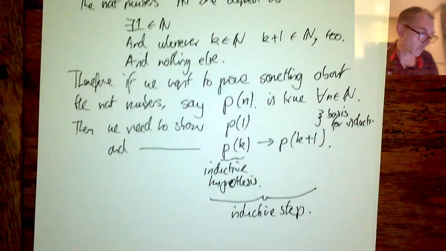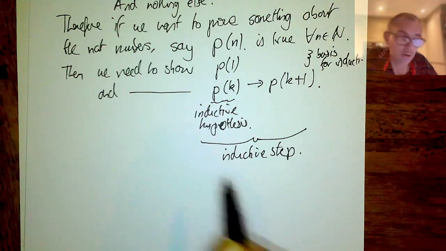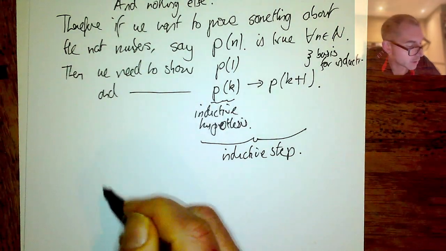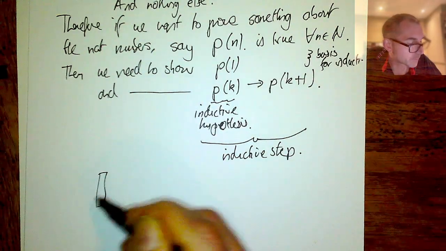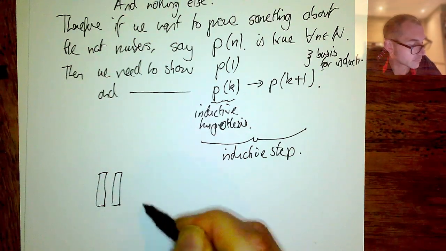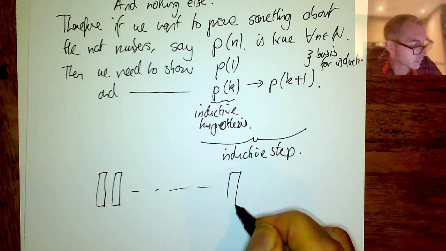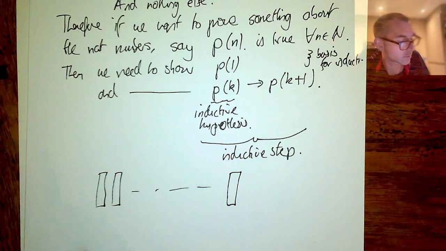And often people like to think of this as being like a set of dominoes. There are all sorts of wonderful YouTube videos of people showing dominoes falling down when they're placed sufficiently close to each other.